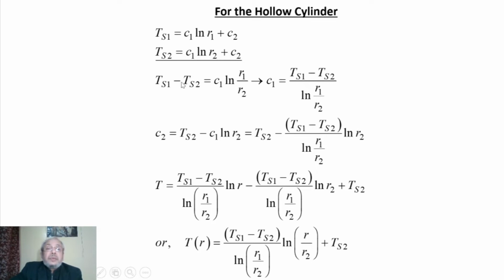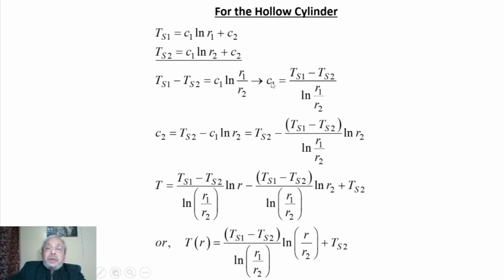From these two, we can write Ts1 minus Ts2 equal to C1 ln r1 by r2. So C1 equals Ts1 minus Ts2 divided by ln r1 by r2.